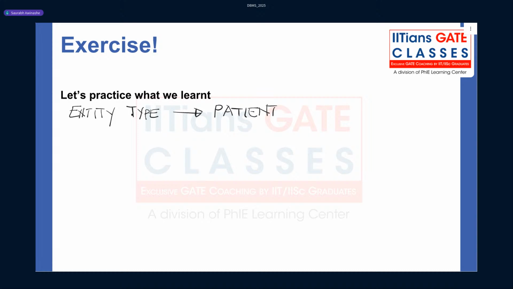We have a patient in a hospital. So what can be the attributes for this entity type? Name, age.